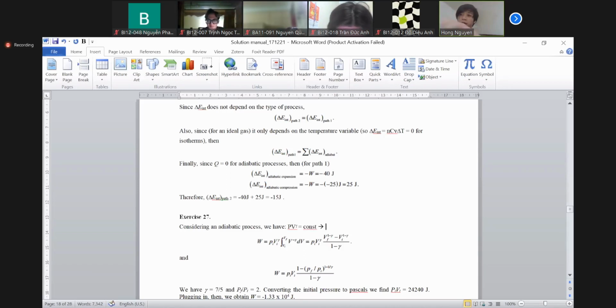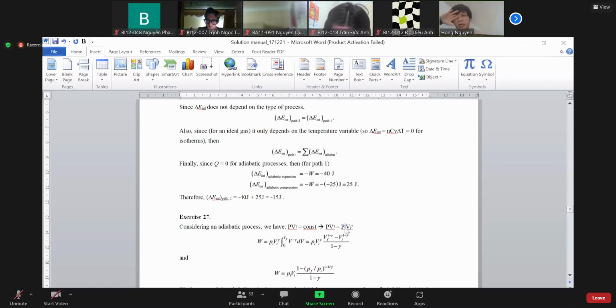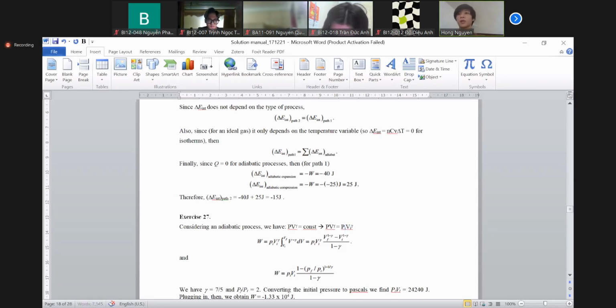Then at any moment, we can have PV to the power gamma equal Pi Vi to the power gamma, because Pi Vi is what we know, so we relate what we don't know with what we know. In this way, you can rewrite the expression of P, right?